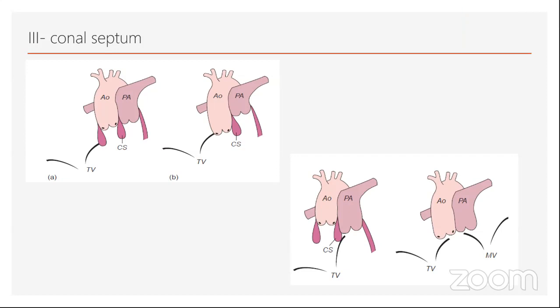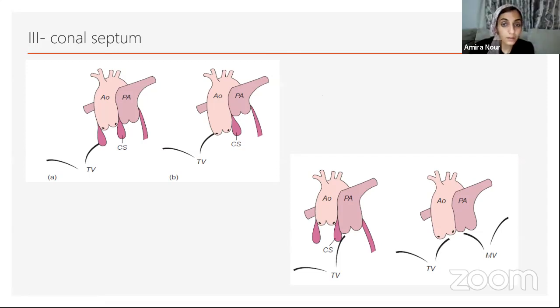I do acknowledge that these three points are important in planning management, but which of these determine the subtype of the DORV?